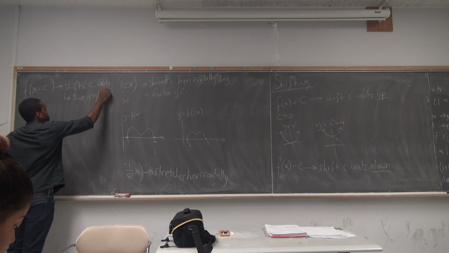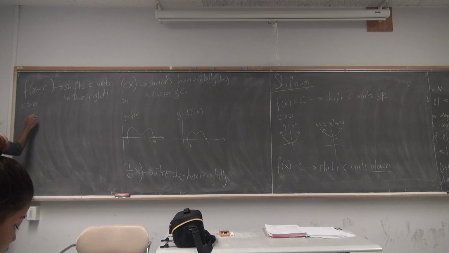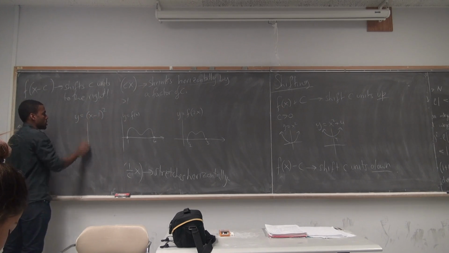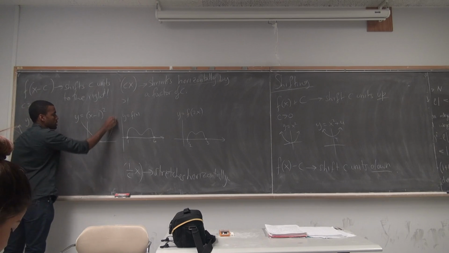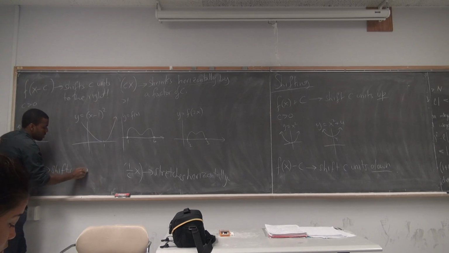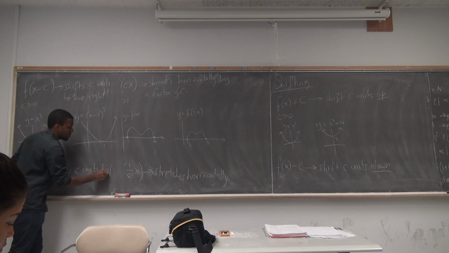So if I have y equals x squared, I have this. If I have y equals x minus 1 all squared, I'll have that. Right? It shifts 1 unit to the right. F of x plus c shifts c units left.